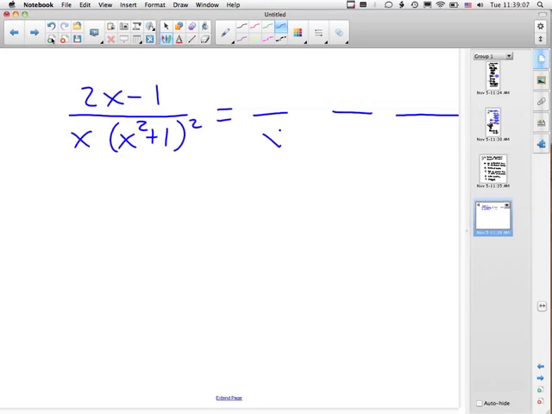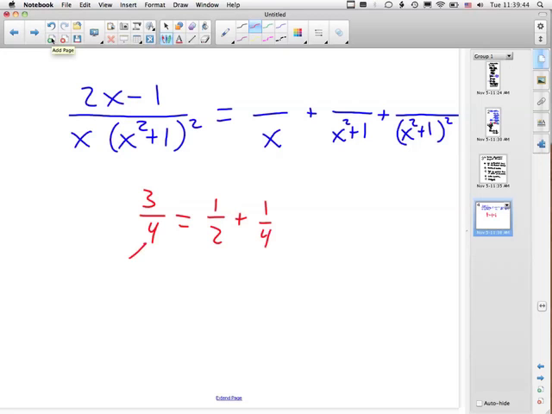This x just gets to be an x. Okay? Notice that we have a factor of x squared plus 1. So we need a factor of x squared plus 1. But we also have a factor of x squared plus 1 squared. Okay? The two are sort of combined. But we need them both in there. And the reason we need them both in there is, for instance, if we have 3/4, we could break that up into 1/2 plus 1/4.